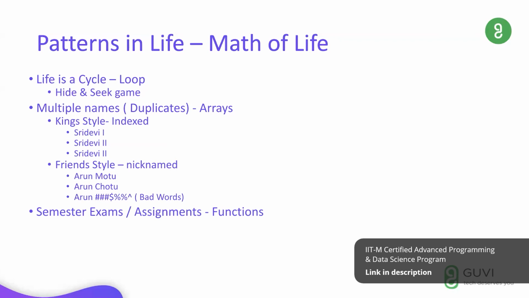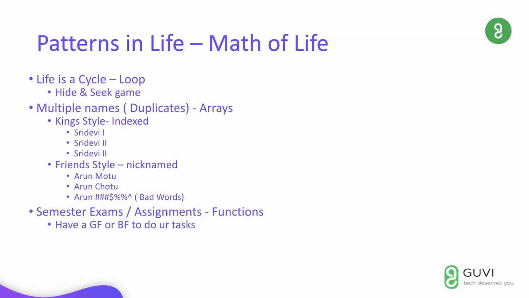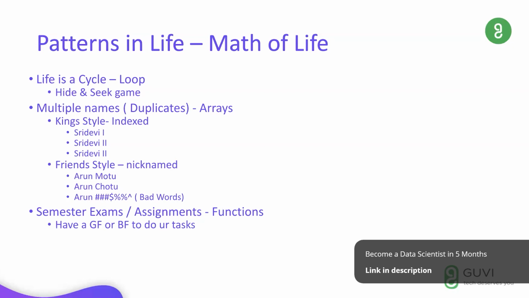That is the same as functions. In the real world, that is the comparison you should have. You give an input, they give an output. You give a pen and paper, or a flying kiss, or a chocolate, whatever you want to give. That is your input, and the output is that your assignment gets completed, and you can submit it to someone else, whoever wants it, a professor or a teacher.